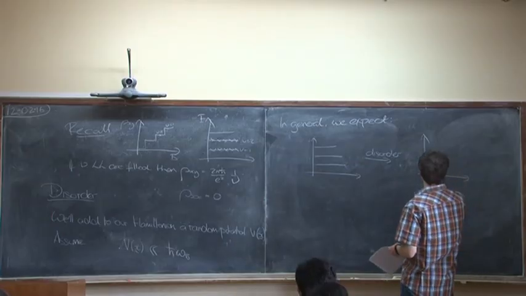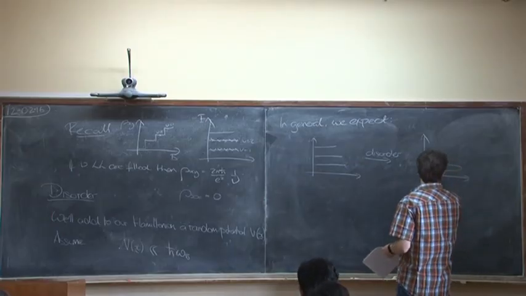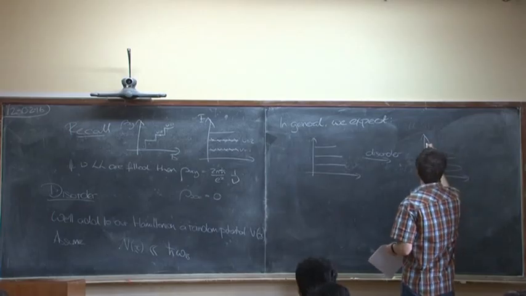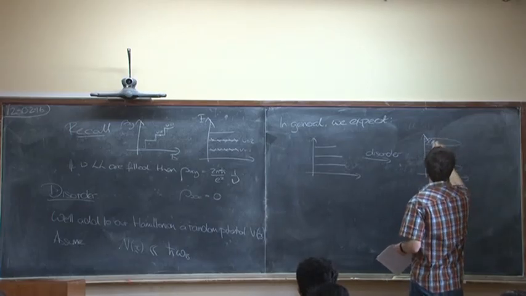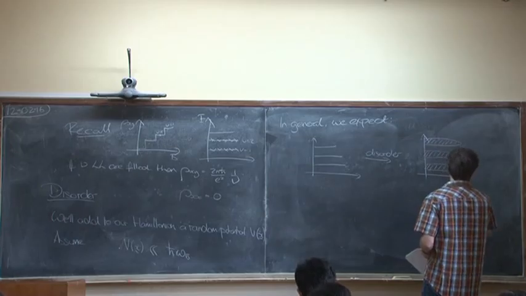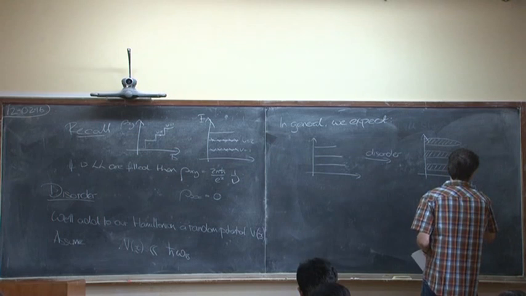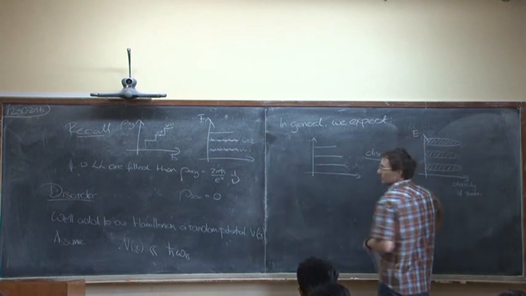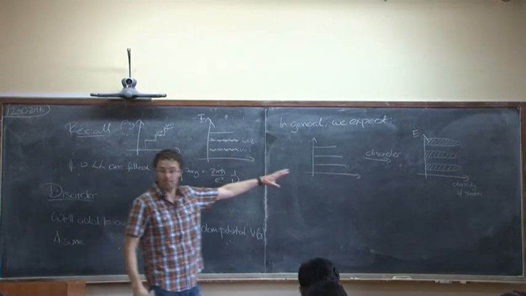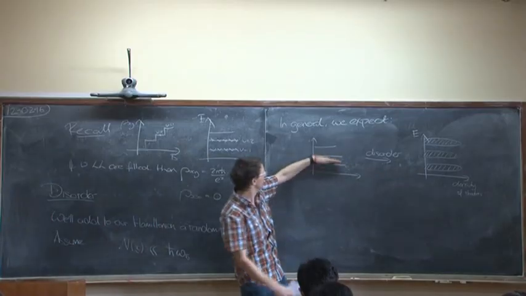So the natural thing we expect is that the density of states starts to look more like this. Where the center of these is supposed to be level with the center of these.